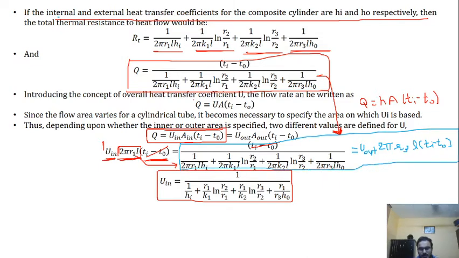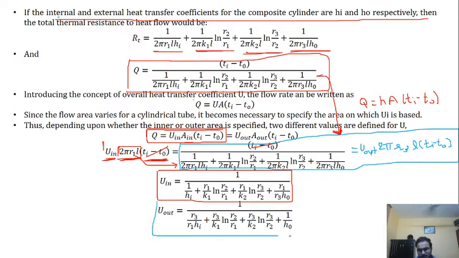Once you do that, you will obtain U_out in this way. So in this way, for a composite or multi-layer cylindrical wall, we have calculated the heat flow rate as well as the overall heat transfer coefficient based on the inner area as well as on the outer area.